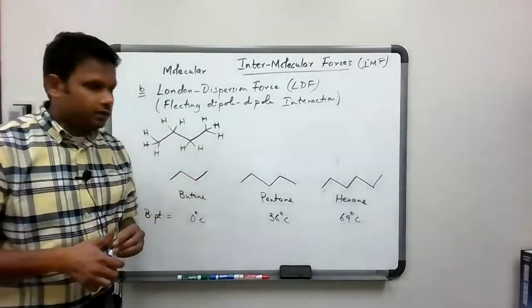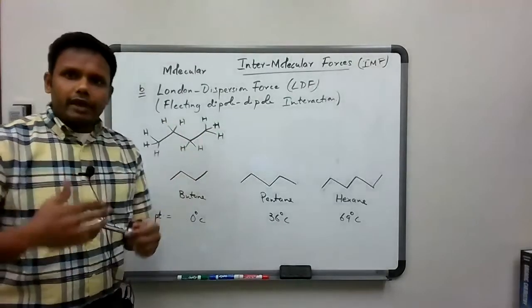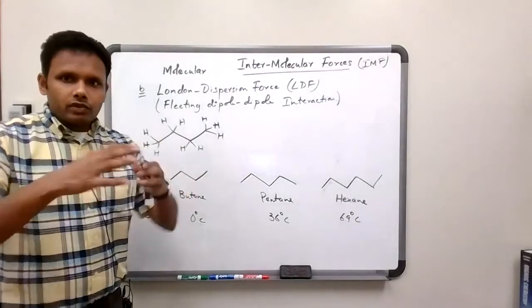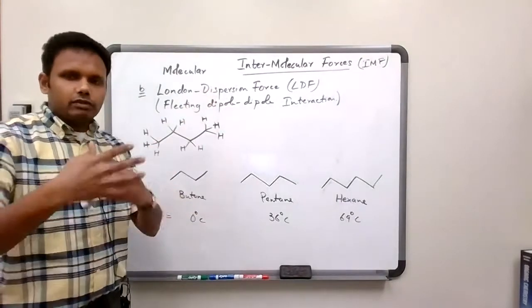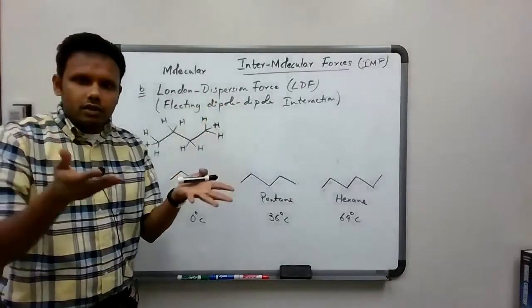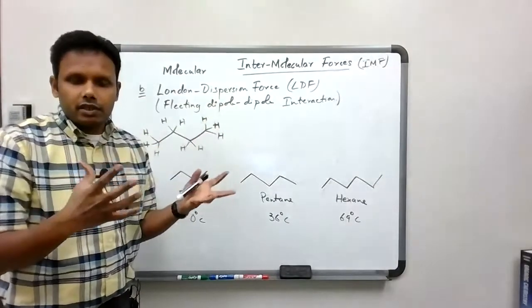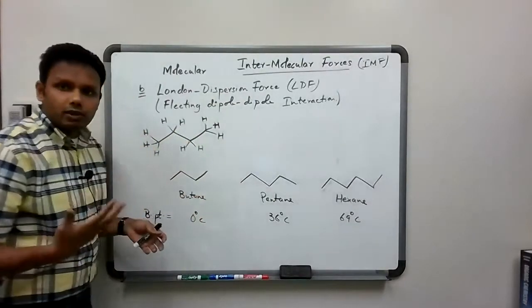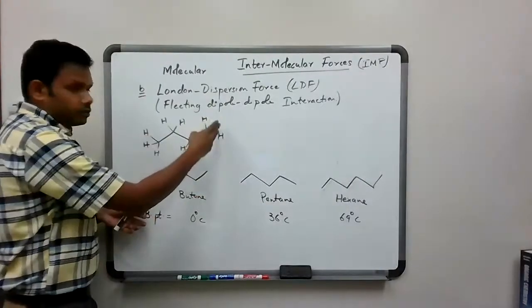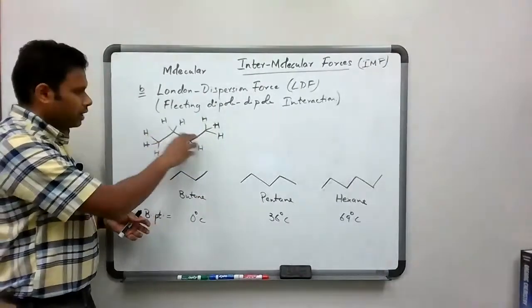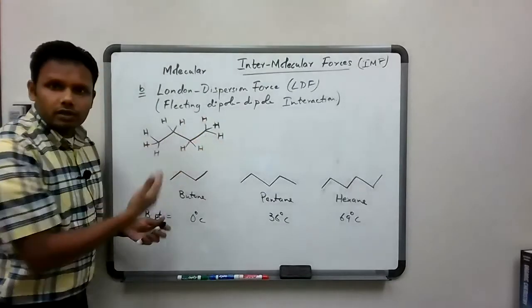Going back to Gen Chem, realize that electrons are not stationary. They're moving around in space. So you have a probability of finding the electrons in a certain area of space. For this molecule, all the electrons that constitute the atoms and the bonds will be found in this space.